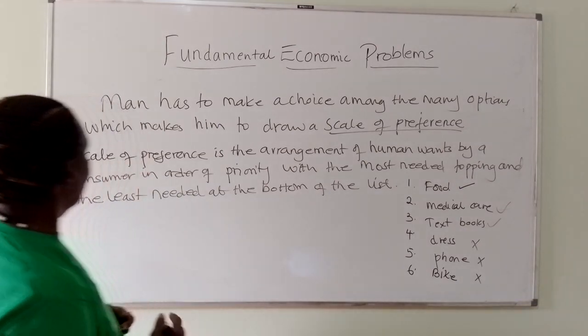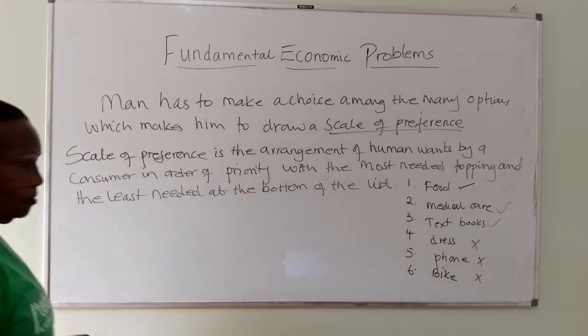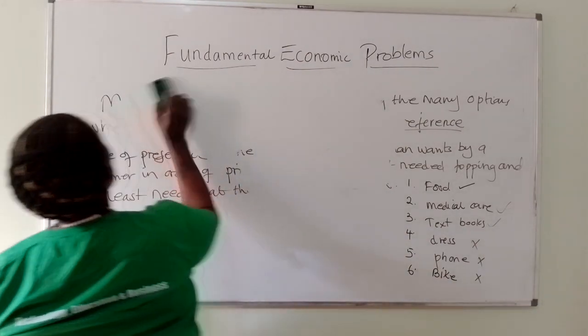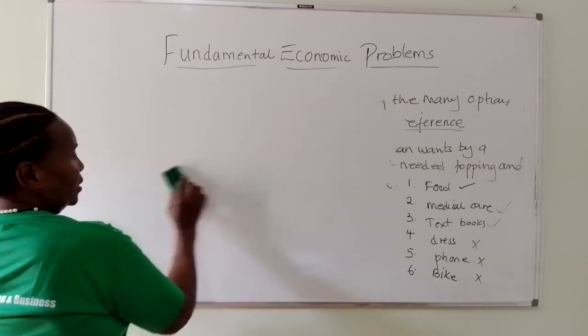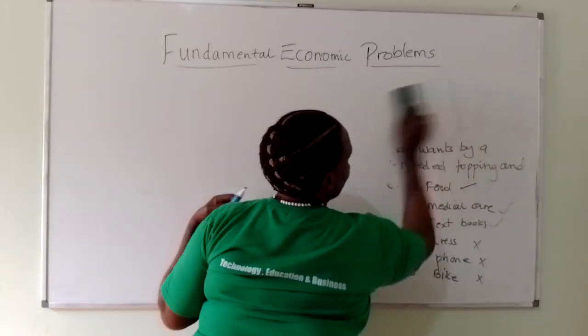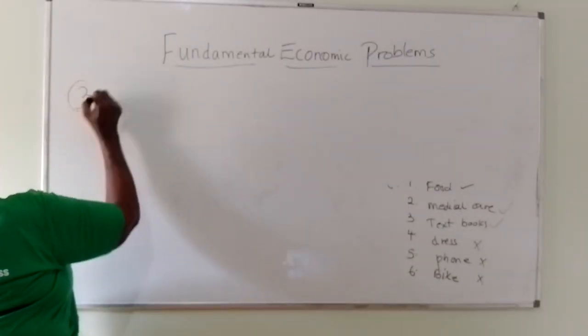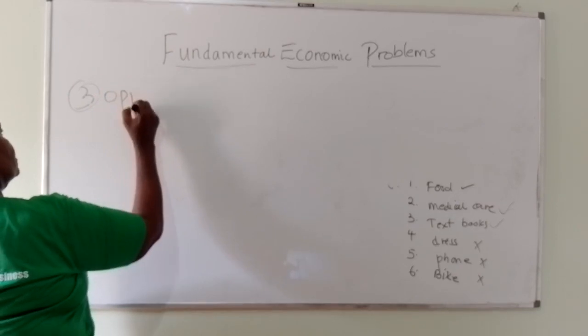And that brings us to the third concept, which is opportunity cost. So from choice, now we go to explain opportunity cost. Three is opportunity cost.